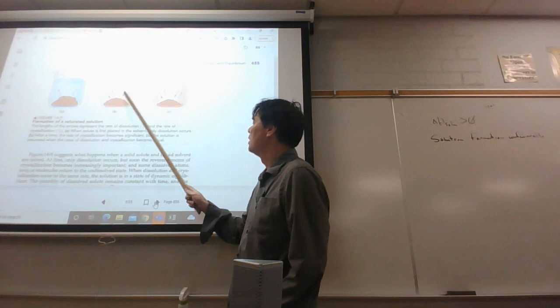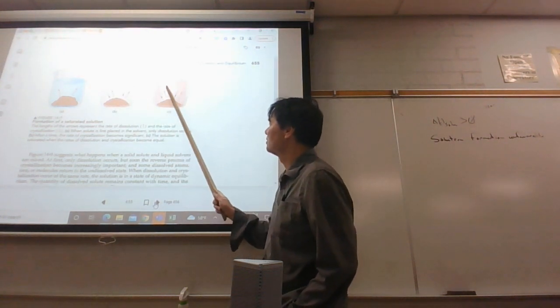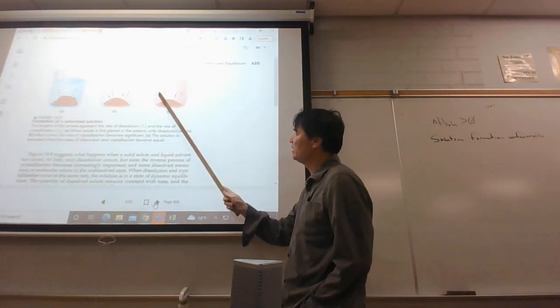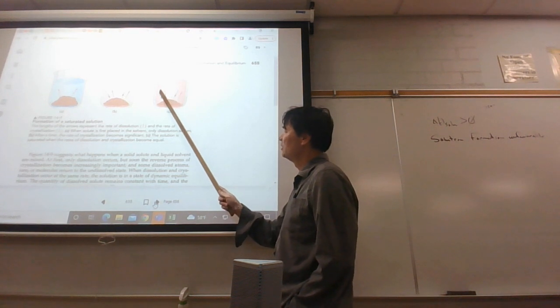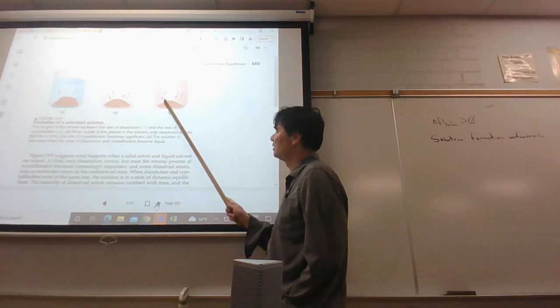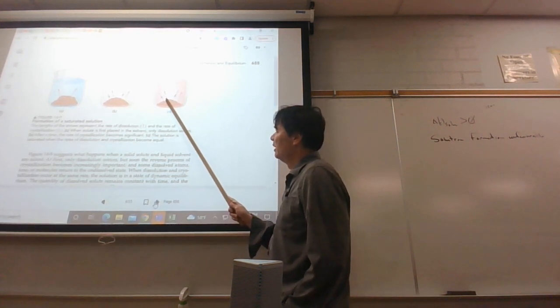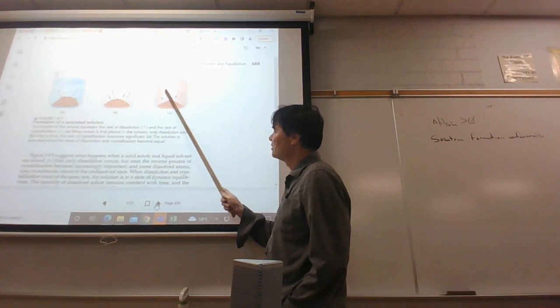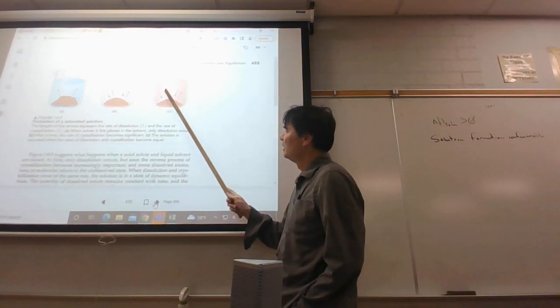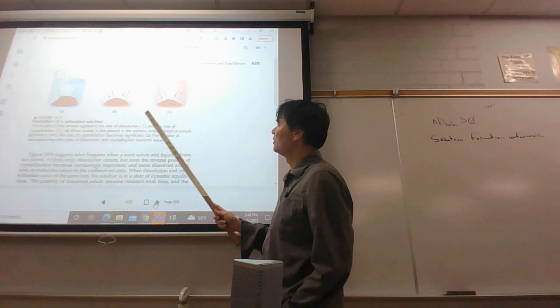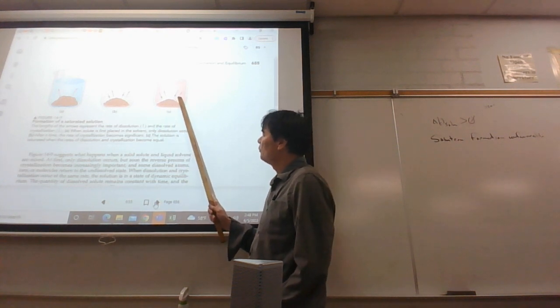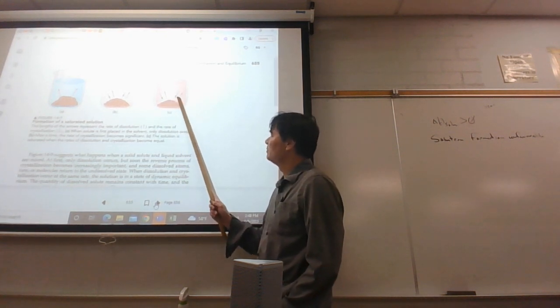As the concentration builds up to a certain level such that the rate of crystallization, that is, the solute particles stick and become stuck, is equal to the rate of dissolution, that is, the particles break off, we've reached a state of dynamic equilibrium. When we reach a state of dynamic equilibrium, dissolution and crystallization never stop.